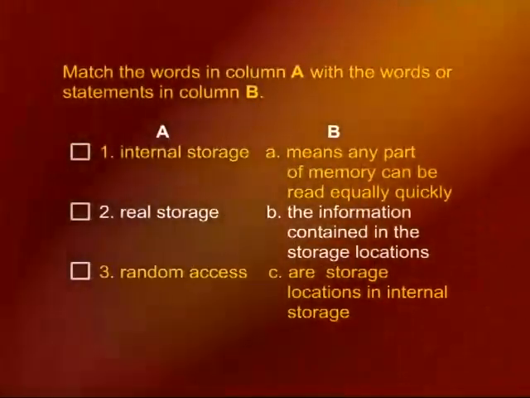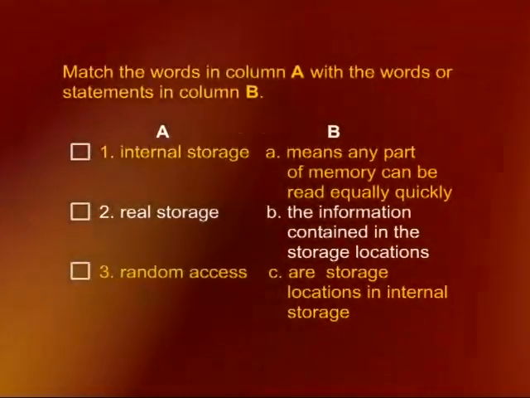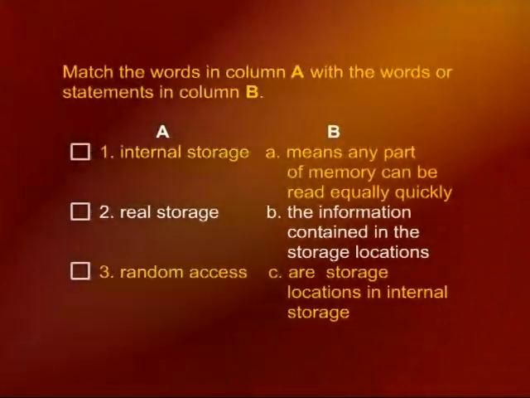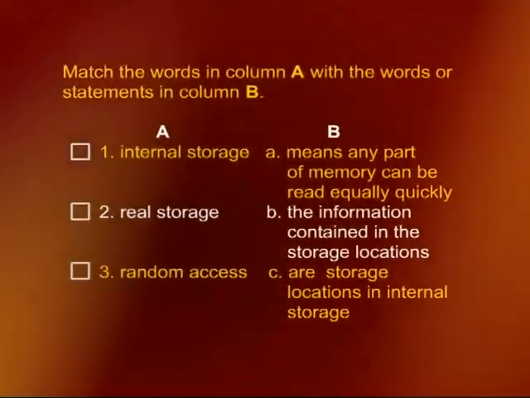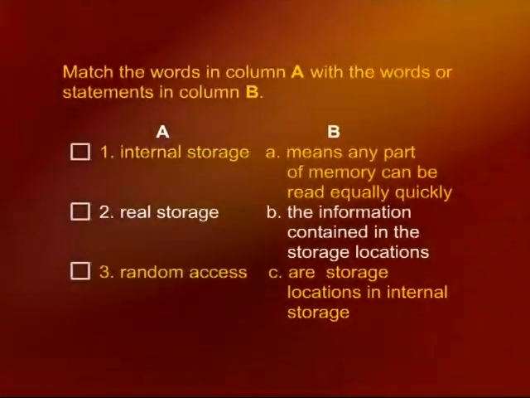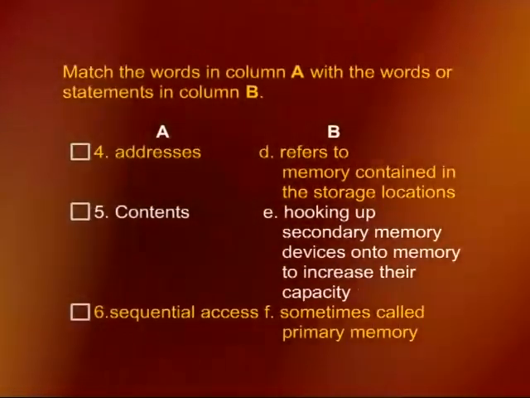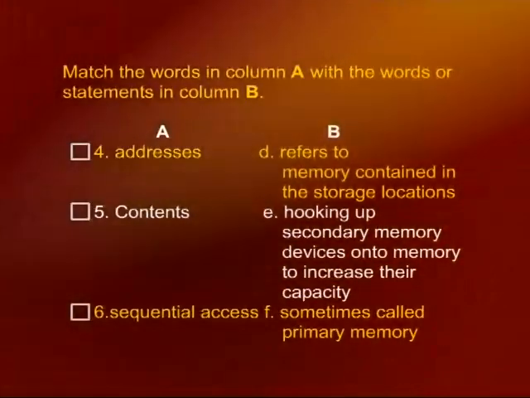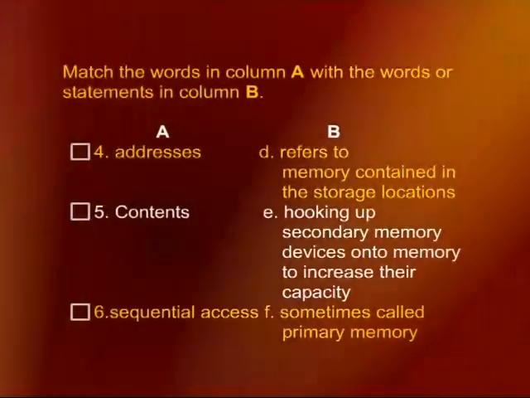Now let's go back to number 3. Random access means, let us look at from the beginning. Means any part of memory can be read quickly, equally and quickly. Yes. Number 3 matches with number A. And number 4, addresses. Yes, it matches with number C, our storage locations.